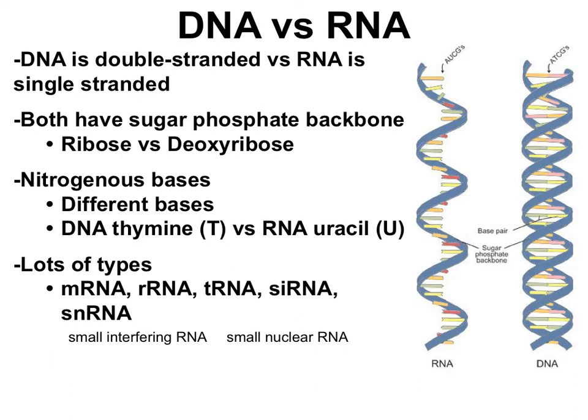For nitrogenous bases, DNA and RNA both use A, C, and G, but RNA uses uracil, U, whereas DNA uses thymine, T. Moreover, there are a whole bunch of specialized types of RNA, each with a different specialized job that we'll get into over the next few videos: mRNA, rRNA, tRNA, siRNA, and snRNA.